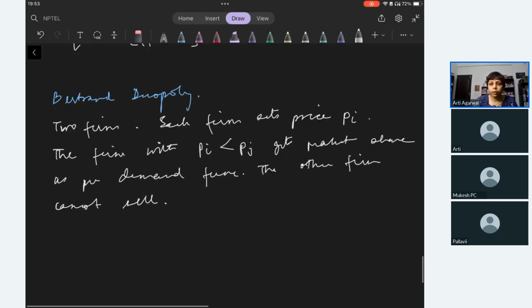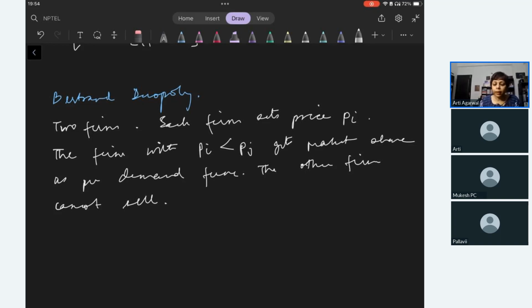So imagine if there is some good, okay? I have not written down every assumption, but you can just listen. There are two firms, they're selling exactly the same good. For example, assume they're selling something like safety pins. There's not much product differentiation, right? One safety pin is almost exactly like the other one. Now they're selling some good like that, and each firm only gets to control their price. So they're setting prices P1 and P2.